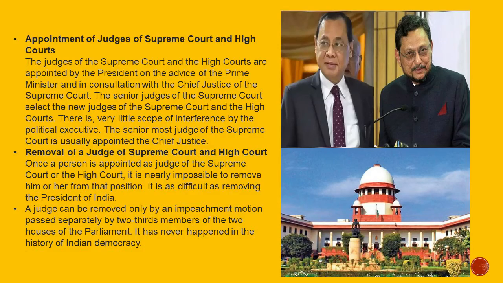The senior most judge in the Supreme Court panel will be the Chief Justice. On his advice, they will appoint the other judges and the High Court judges. So there is very limited scope for the political executive to get involved or show any interference. Generally, they don't show any involvement.